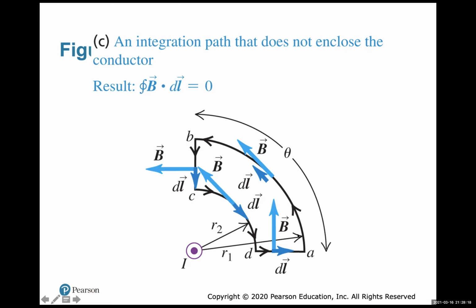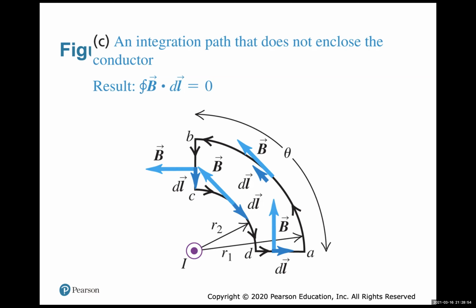But the length of that path, in this case, it's 90 degrees worth of circular arc, is a quarter of the circumference of a circle r1 big. So the radial dependence of the magnetic field is going to be canceled by the circular arc length of that path from A to B.